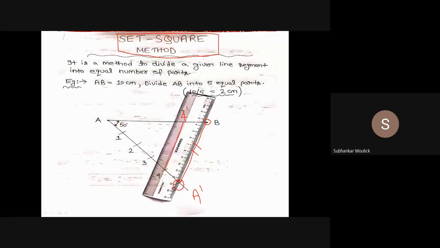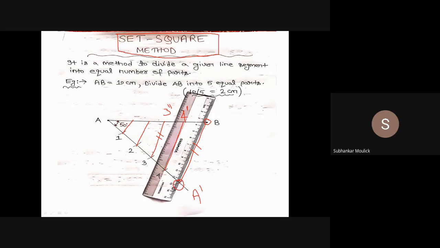Then through arc point number 3, towards the given line AB, this 3 dash is parallel to 4 dash, which is parallel to 5B. Is it clear? Likewise, from arc point number 2 and from arc point number 1.